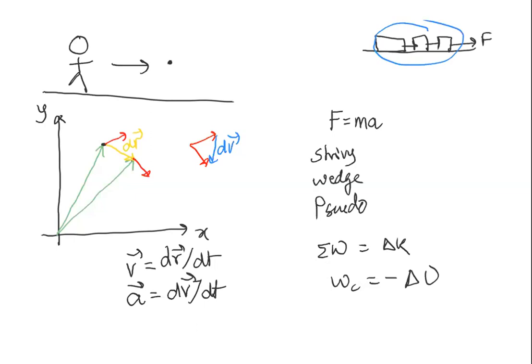However, if I give you a wedge with a block on it, then you cannot consider this as a system of point particles. At least you cannot consider it as a system of point particles under the framework that we have studied.